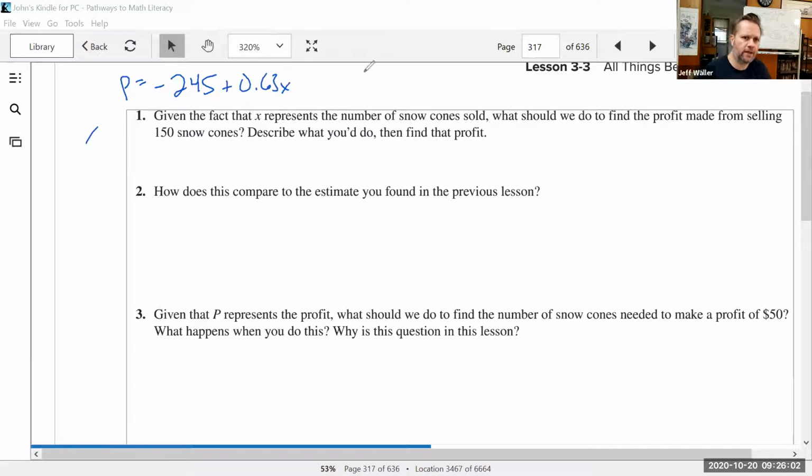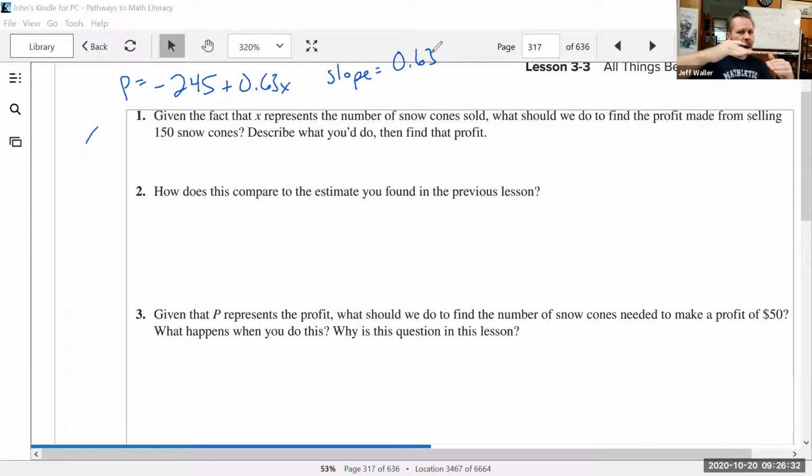What's the slope of that line? 0.63. Good. What's it mean? In this case, every cone that's sold, there's a 63-cent profit. I like it. So 63 cents more money, increase in profit. And of course, I start negative, so I have to sell some cones.